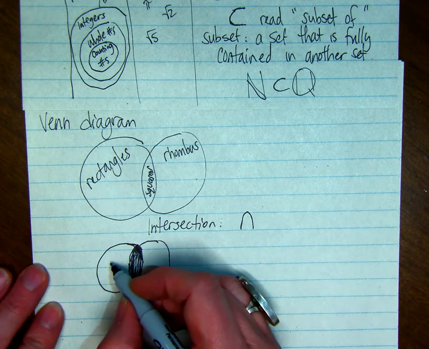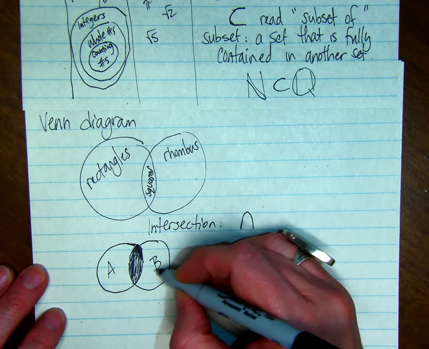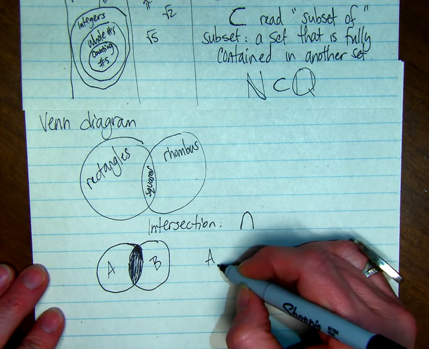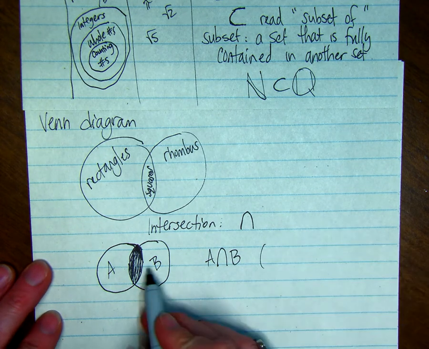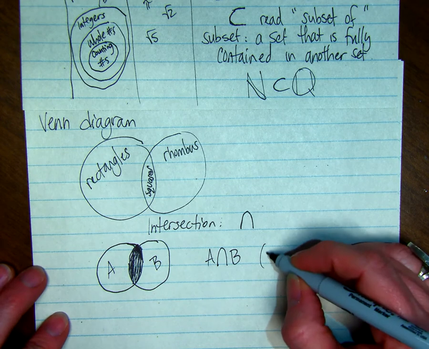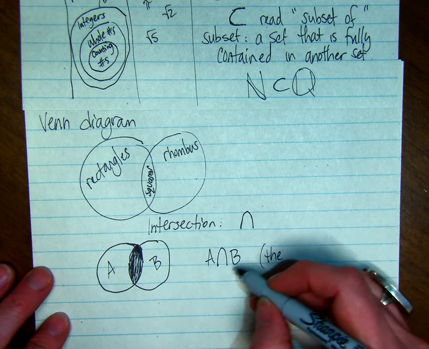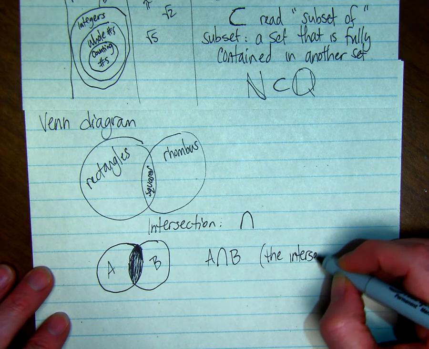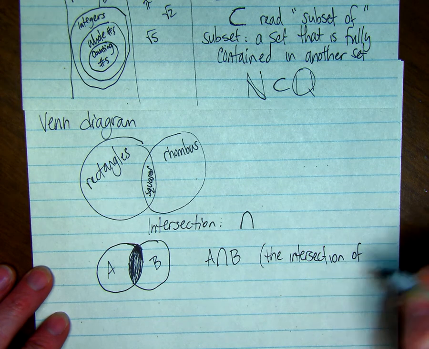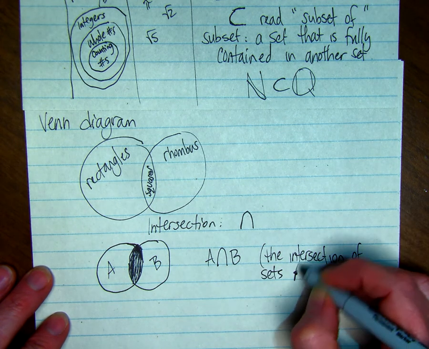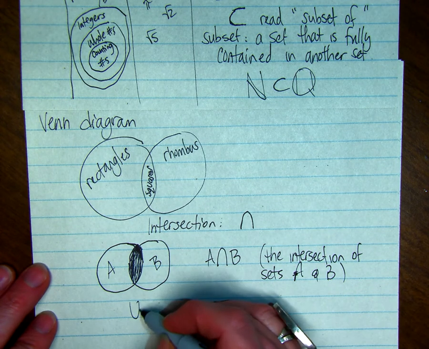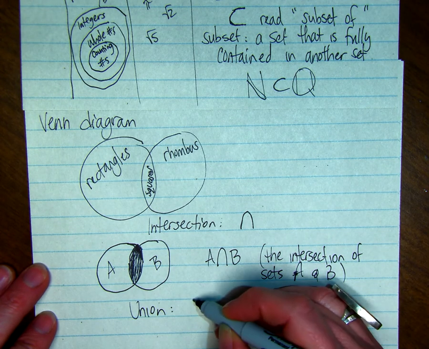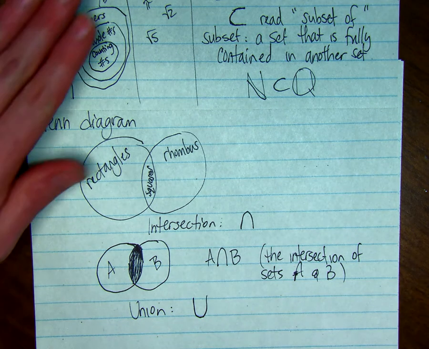So if this is set A, and this is set B, A intersection B is where the two have common terms. So we would call this the intersection of sets A and B. Now the union is used like the horseshoe like that.